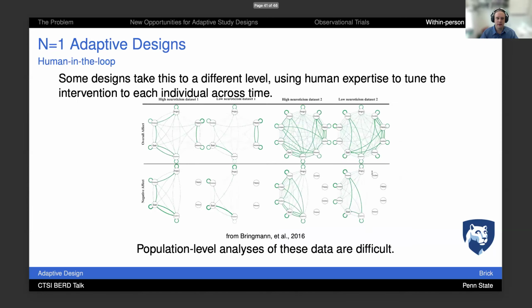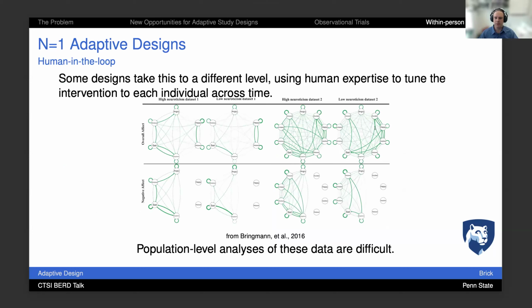is fixed. So of course, the next step is when the structure isn't fixed, then there's lots of other things to do. This is some work from Laura Bringman. They measured affect, people's affective responses, and their psychiatric symptoms.